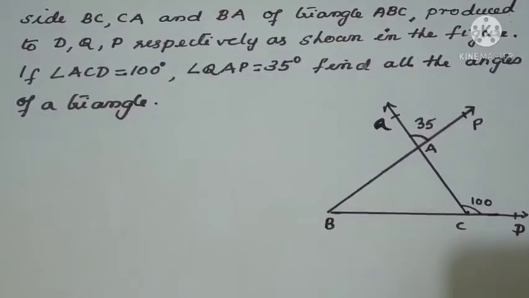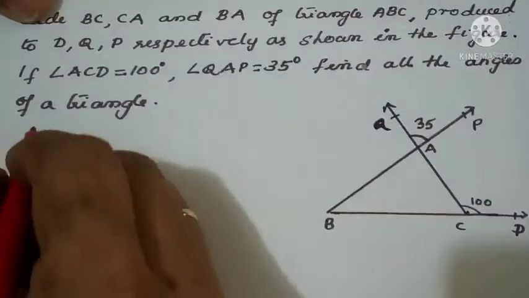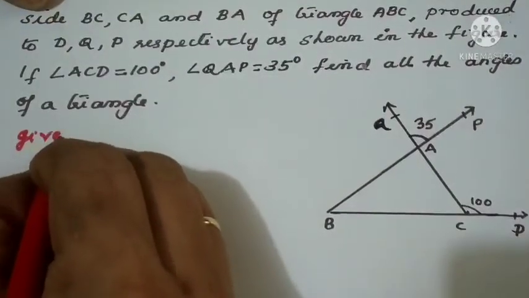Sides BC, CA and AB of the triangle ABC are produced to D, Q and P respectively, as shown in the figure. Angle ACD is 100 degrees and QAP is 35 degrees. Find all the angles of the triangle. Easy question only. What is given in the question?